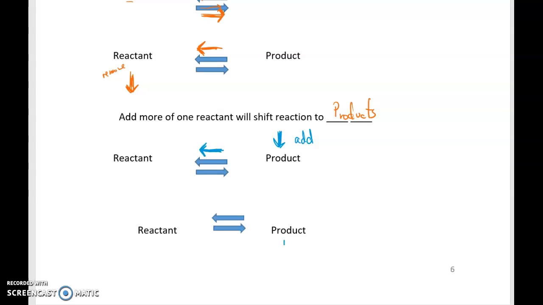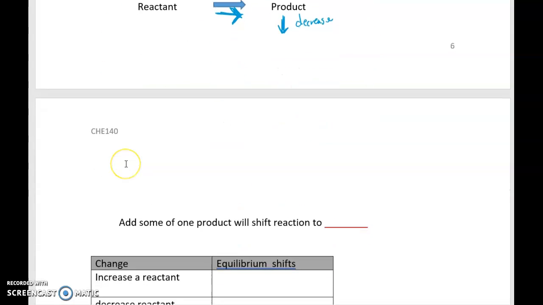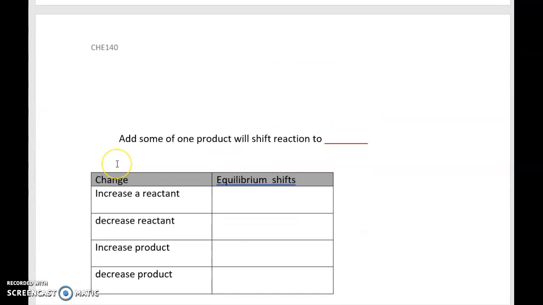If we decrease the amount of product, that will increase the forward reaction. So if we add product, we'll shift toward reactants.